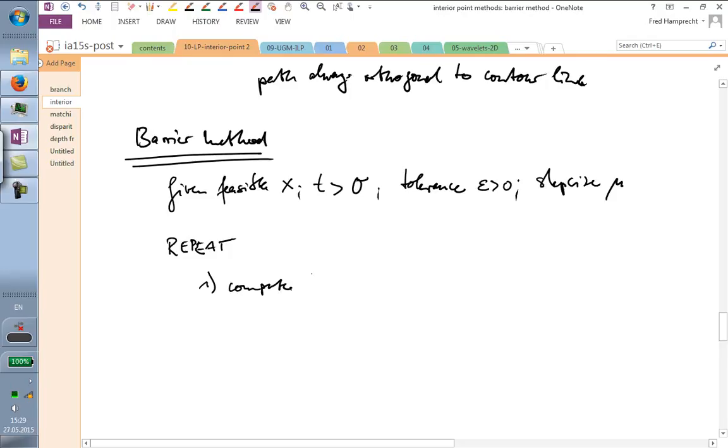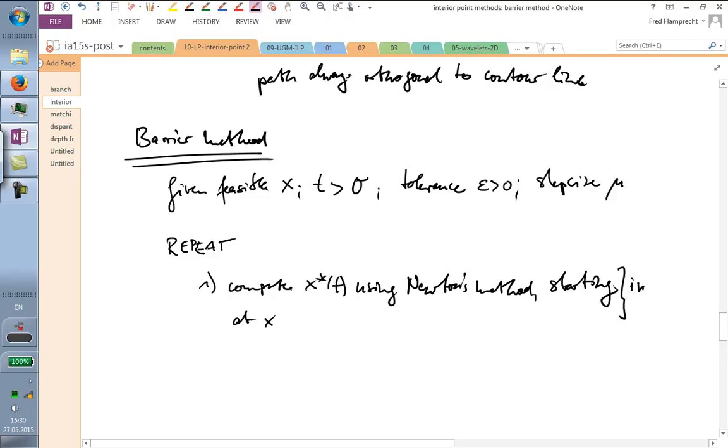We compute an update x star for the current value of t using Newton's method, starting at our previous point x, and this is called an inner iteration. Typically we need several Newton steps, so these are inner iterations.